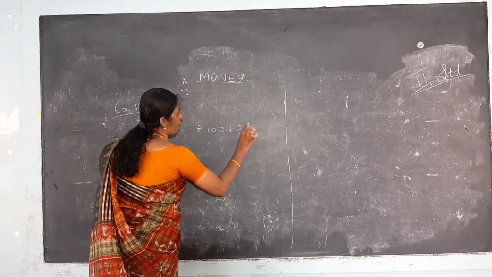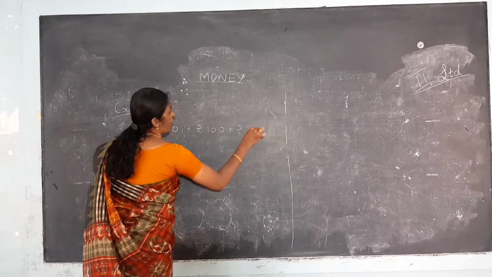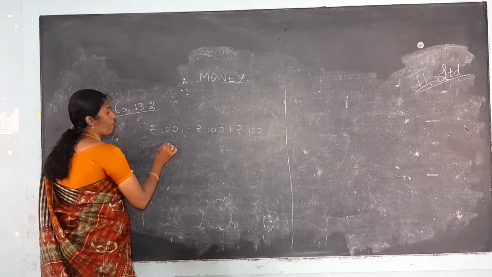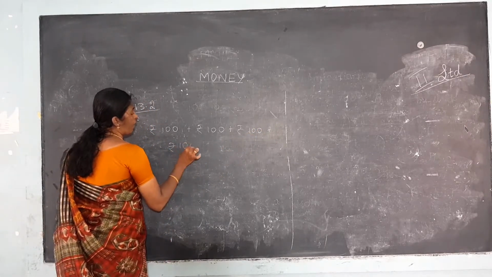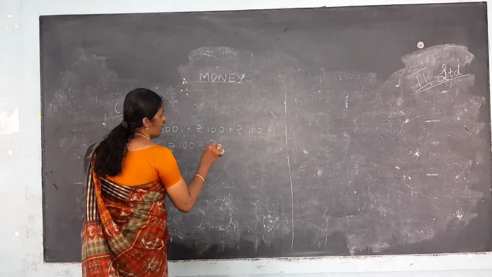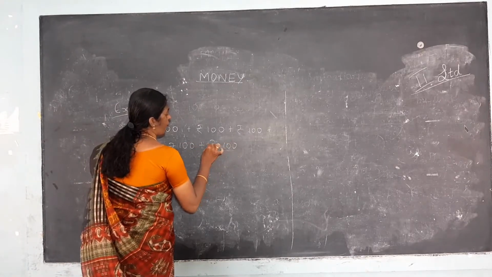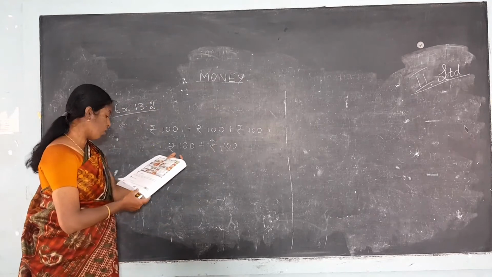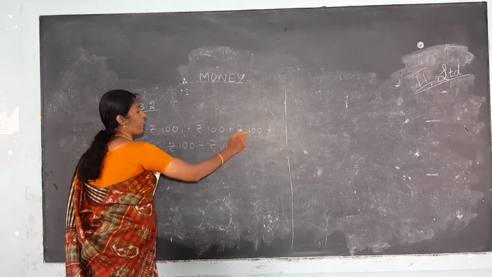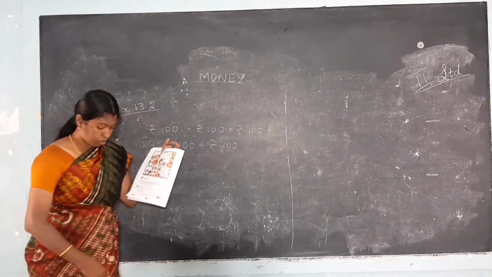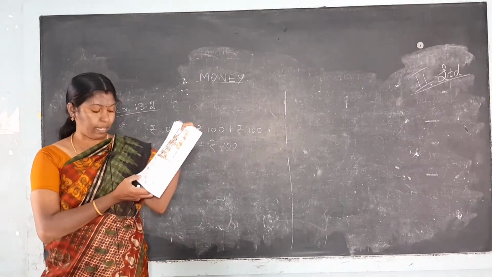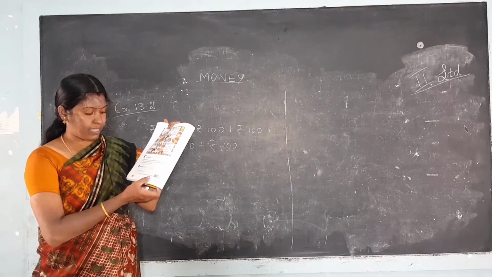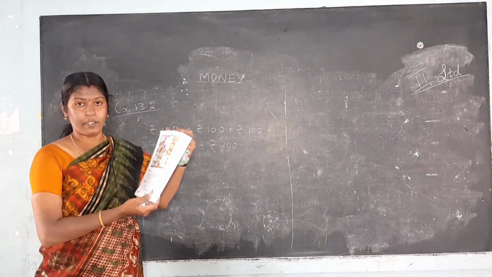Next 200 plus 100, 300. 300 plus 100, how much? 400. And 400 plus 100, 500. So 1, 2, 3, 4, 5. How many 100 rupee notes do we want? 5 notes. 5 notes of 100 have the same value as a note of 500 rupees.